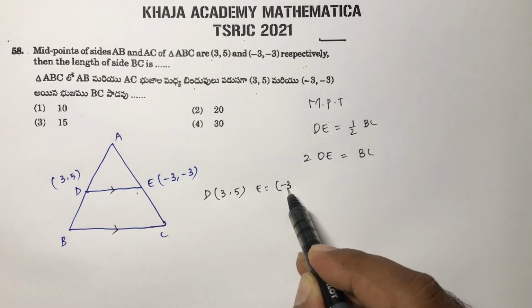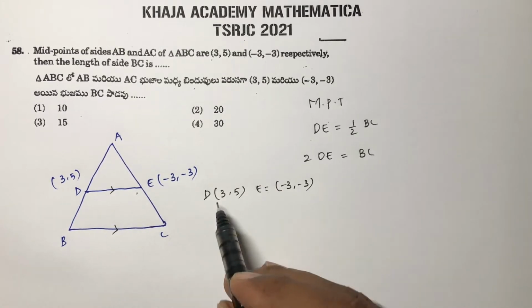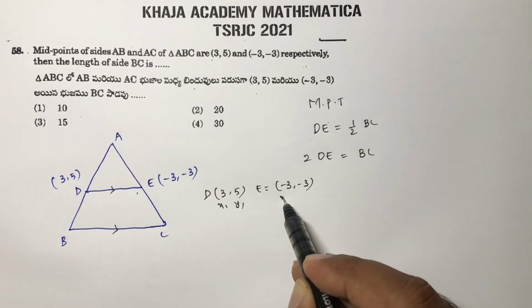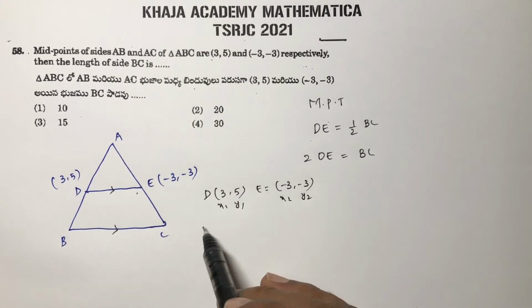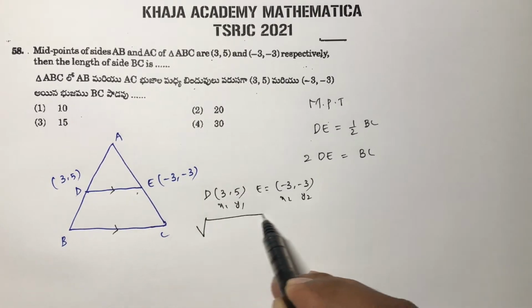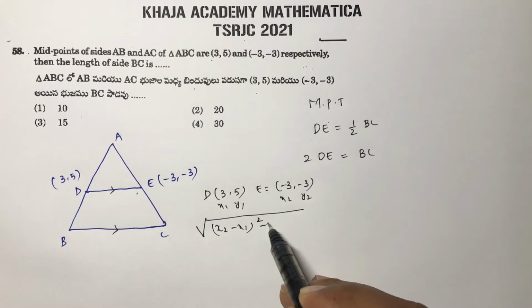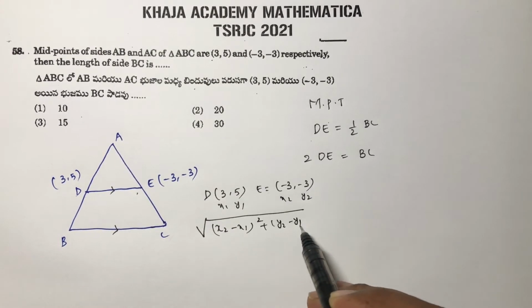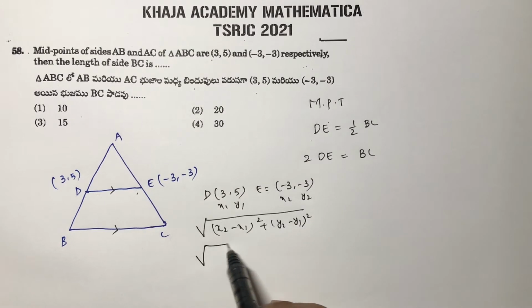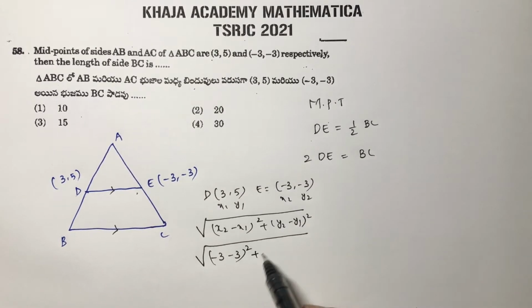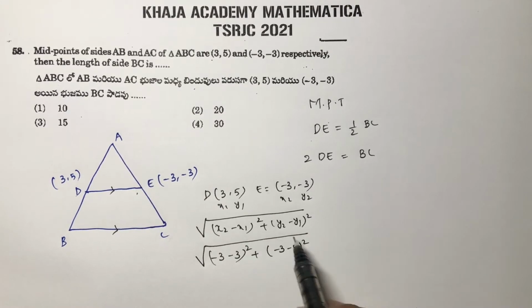E is -3, -3. So x1, y1, x2, y2. So under root, (x2 minus x1) whole square plus (y2 minus y1) whole square. So under root, (x2 - 3) whole square, and (y2 is -3 - 5) whole square.